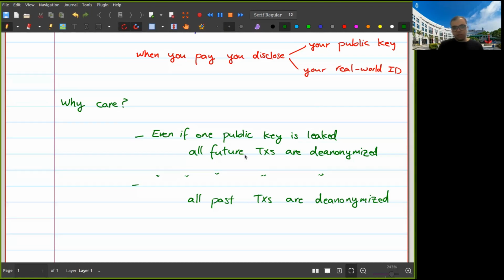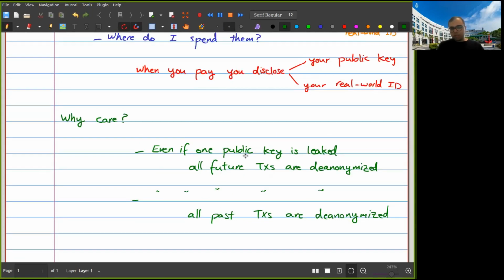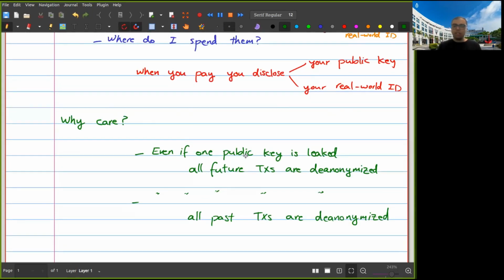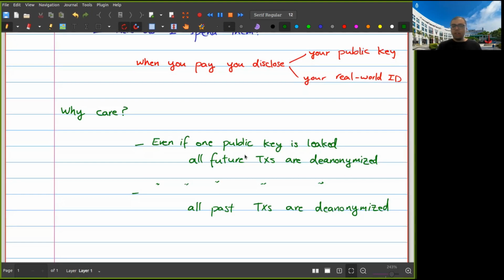Here, actually, if you're using Bitcoin instead of a credit card, you're leaking all of your future transactions. So even transactions that are done with other people, anyone can see those. And also you're leaking all of the transactions that you've done in the past.